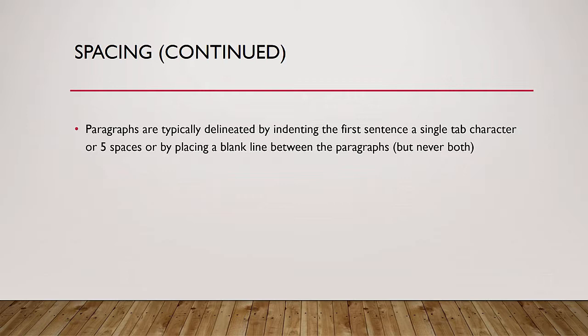But you should never do both. I see in some cases some indie authors make the mistake of coming out with books where they use both a blank line and an indent. That's wasted space. Kindles don't have that much space on the screen, and that's where you're primarily publishing for.